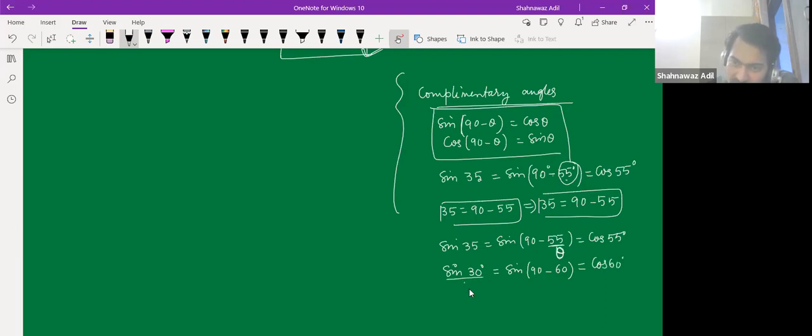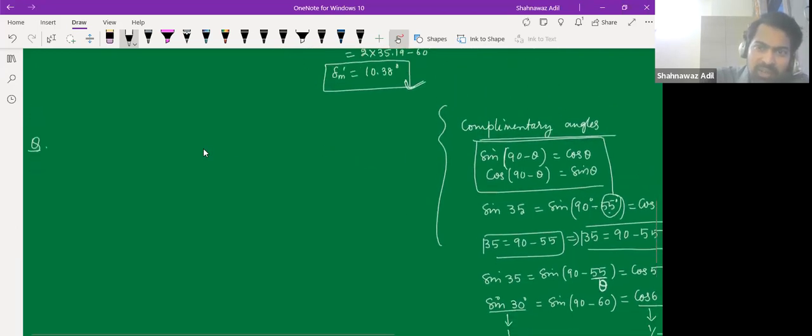Sine 30 is 1 by 2, and you also know that cos 60 is 1 by 2, so sine 30 is cos 60, right? So these are called complementary angles. Okay, clear, everyone? Yes, sir. Okay, so we will use this in our question.